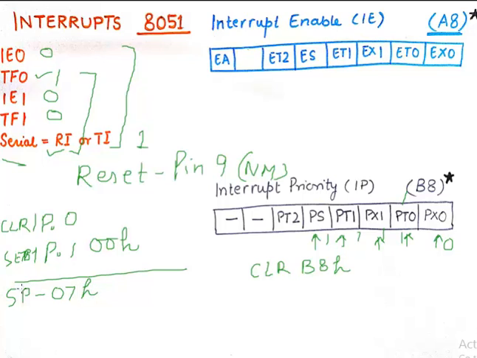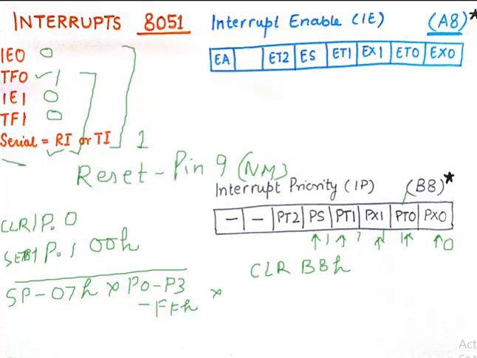Again, very important. All the ports from P0 to P3 will have a reset value of FFH, and that's about it. All the other SFRs will become 00H. So the exception of SP as 07H and the exception of ports as FFH is the only thing that we need to remember.